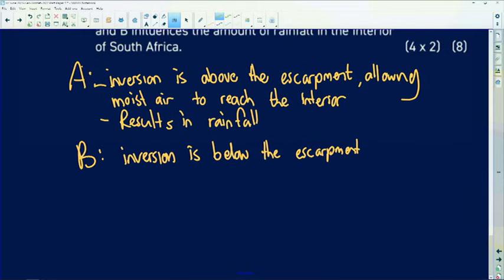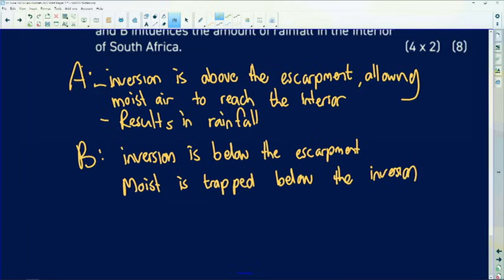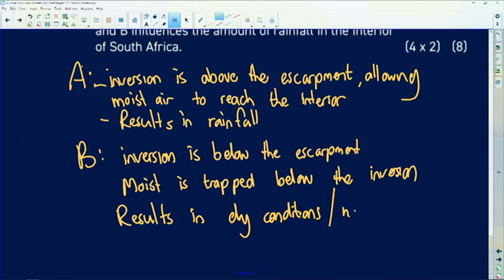And we can mention moist air is trapped below the inversion, and that results in dry conditions, or no rain. And that, guys, is question 1, all wrapped up, done and dusted.